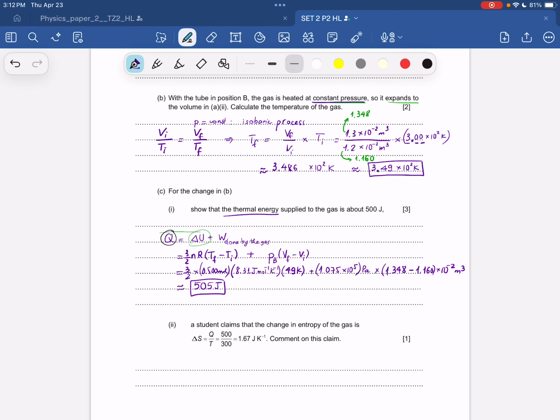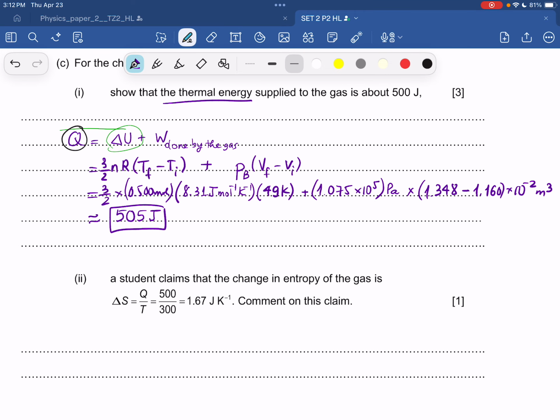And then the last question, the student claims that the change in entropy is around this, so comment on this claim. So you can see that if we just use the formula itself, we will need to plug in the values of T. So then you would ask yourself what kind of temperature you should use, right? Should you use the 300 Kelvin or should you use the 348.6 Kelvin, right? And the answer is that we cannot use this one because the temperature is not a constant.